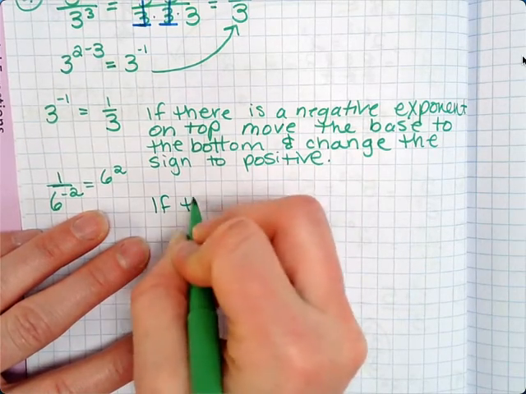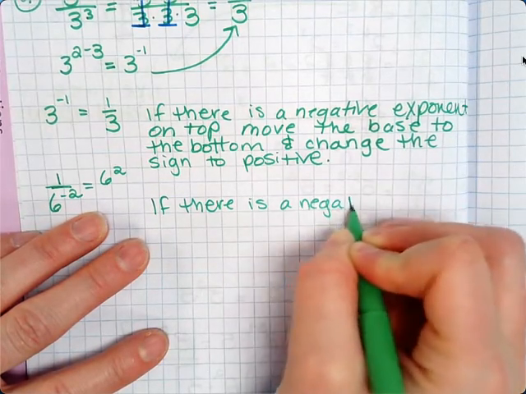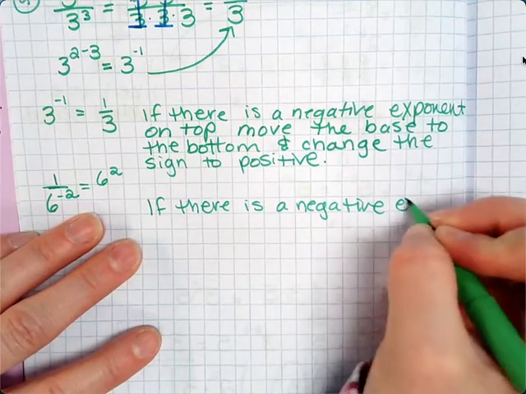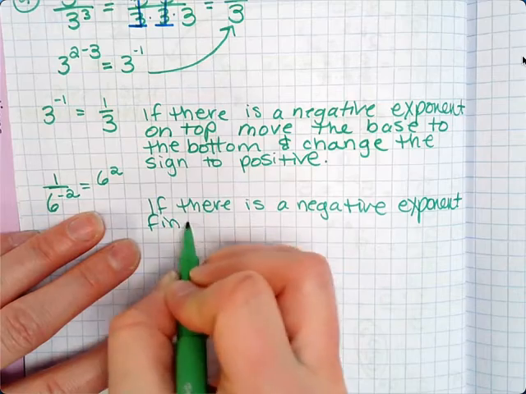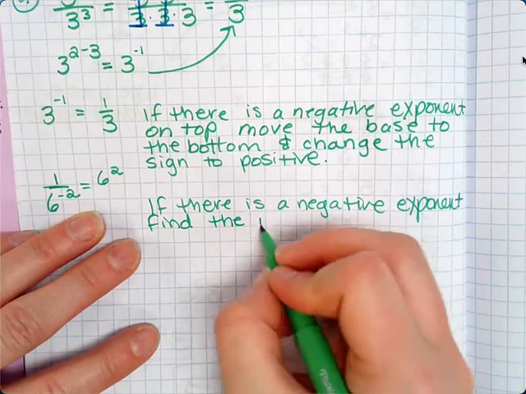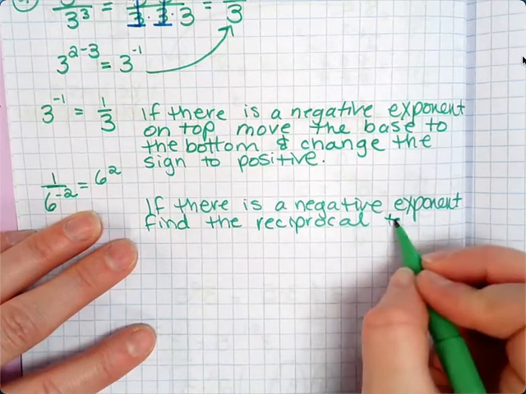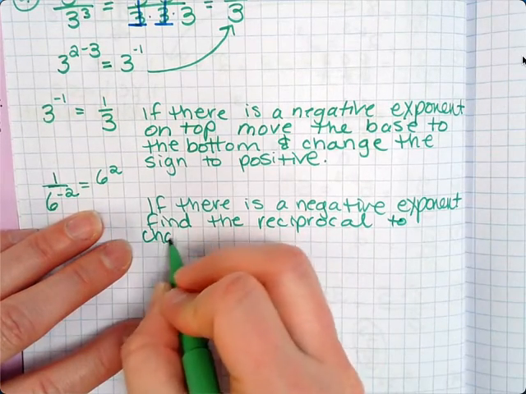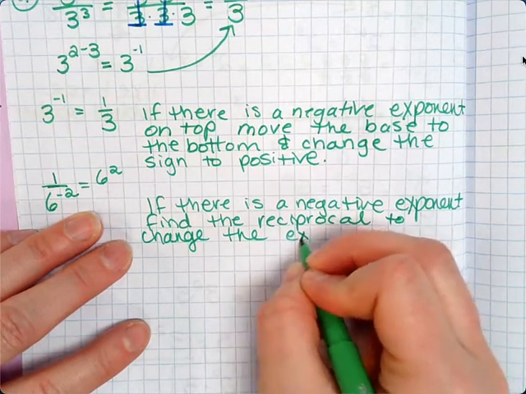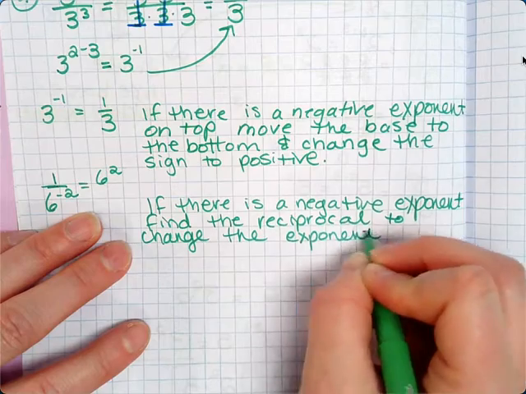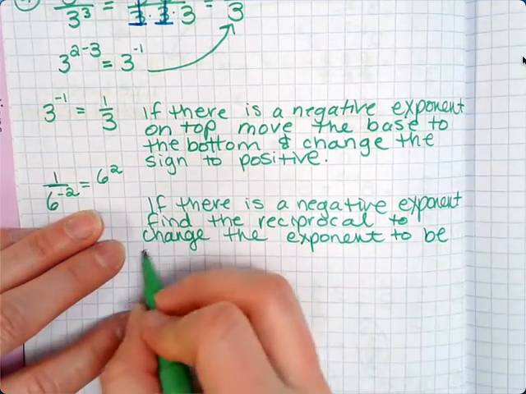So if there is a negative exponent, find the reciprocal to make it positive, to change the sign of the exponent to be positive.